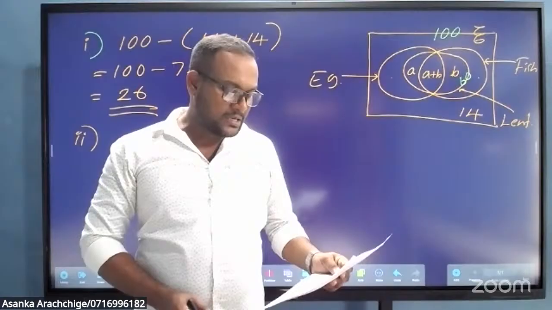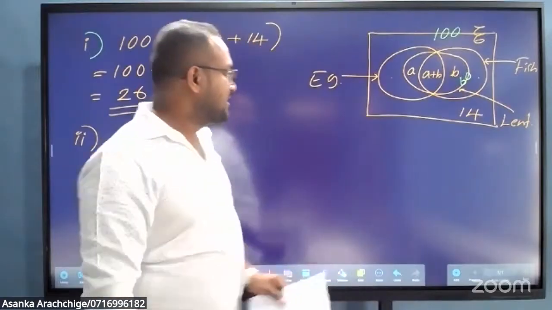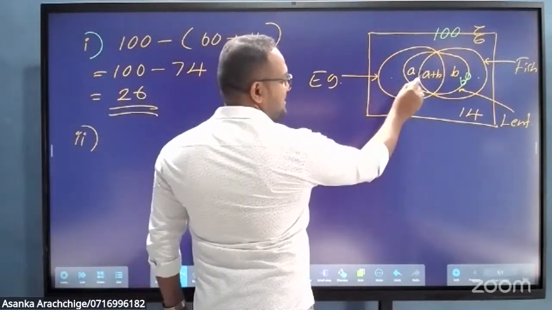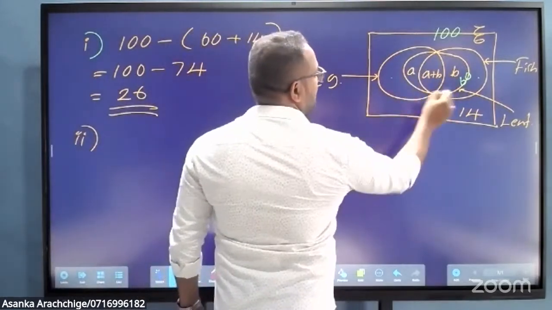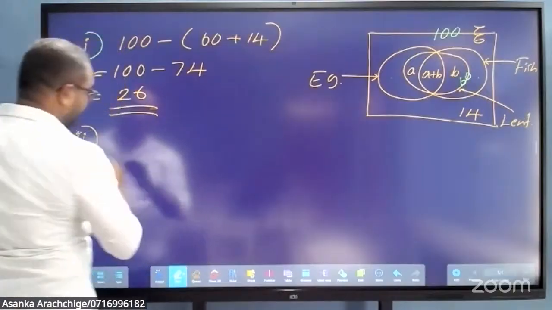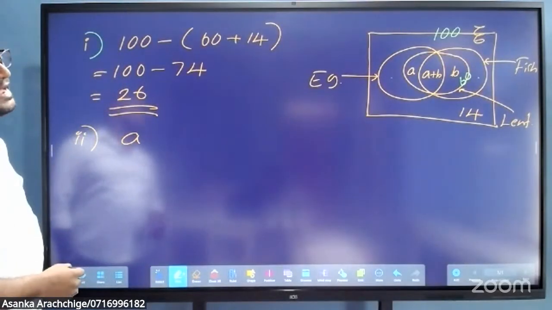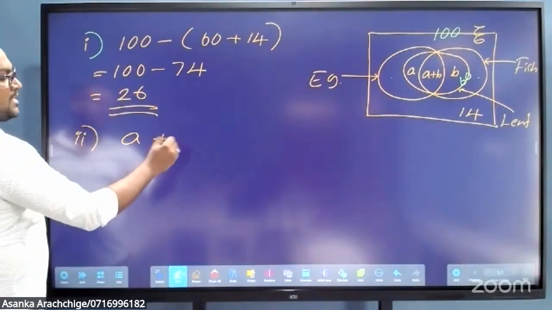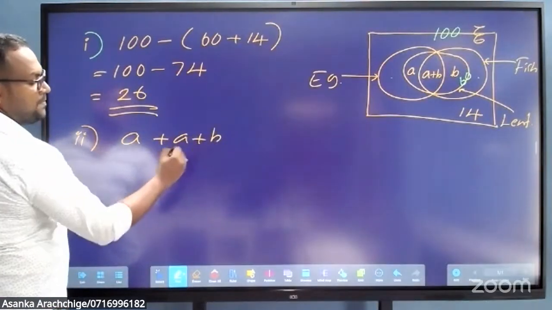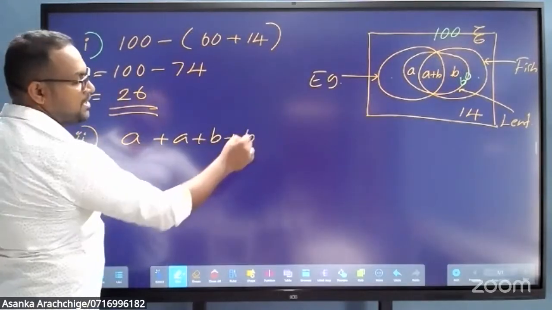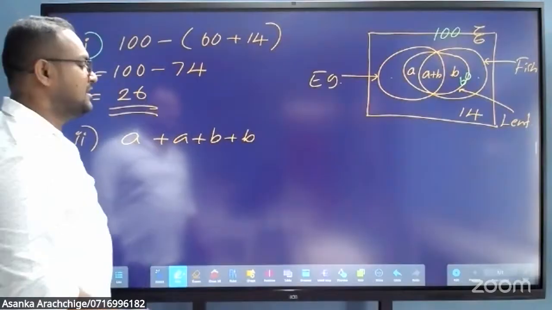How many customers bought all these three items? Then A plus A plus B plus B must be equal to 60. A, the people who bought eggs and lentils only. A plus B, the people who bought all three items. Plus B, the people who bought fish and lentils only.